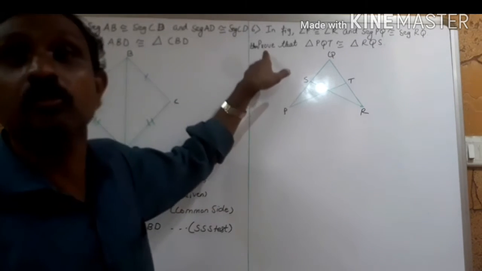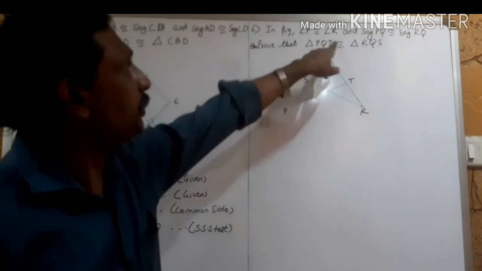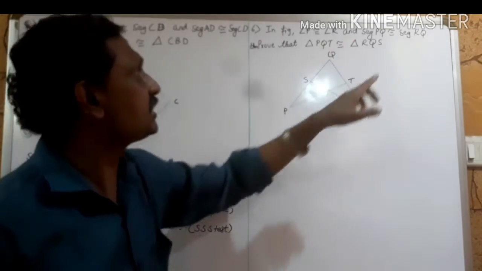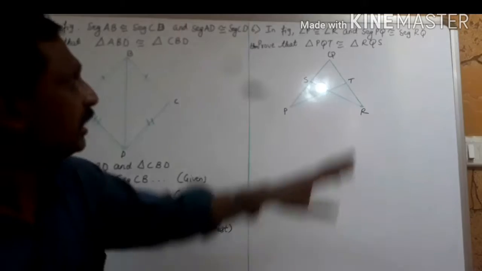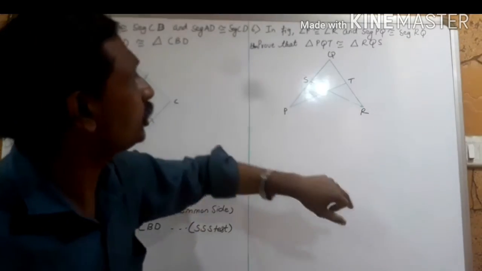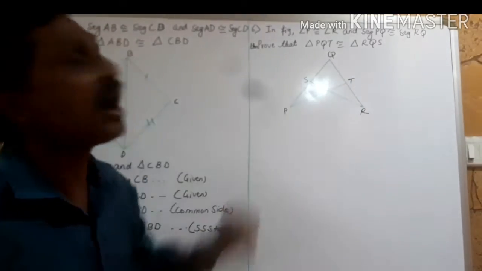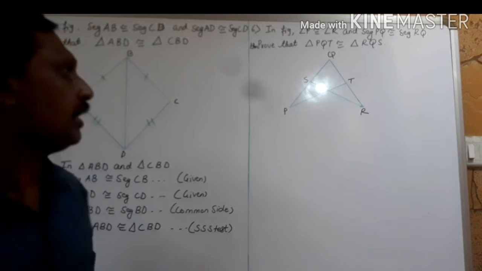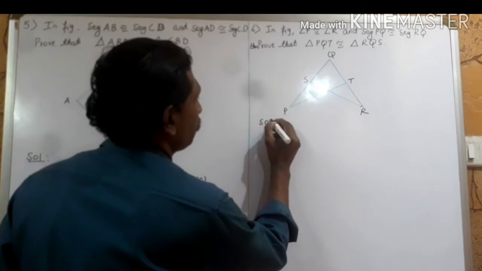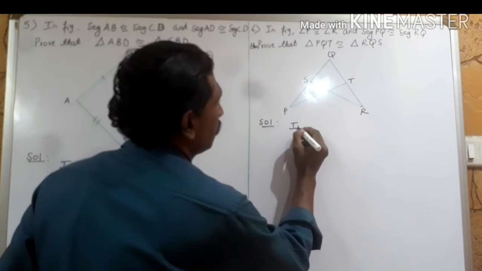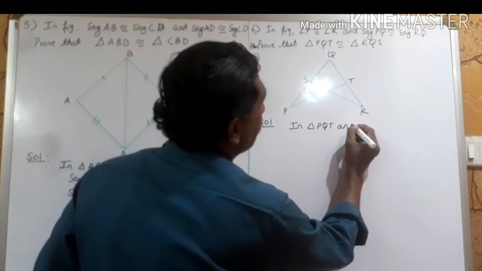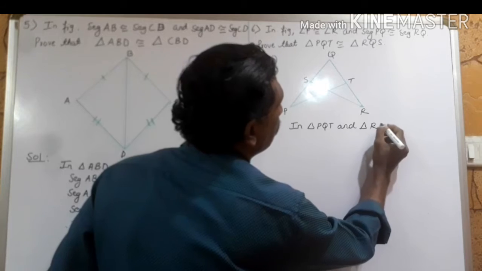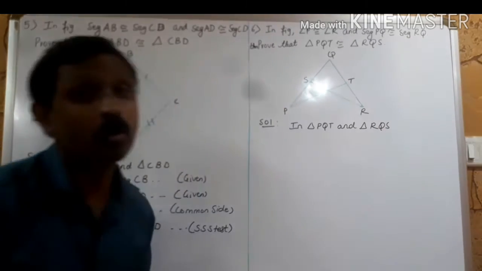Sixth one. In the figure, angle P congruent to angle R and segment PQ congruent to segment RQ. Then prove that triangle PQT congruent to triangle RQS. Okay, let's start with the solution. In triangle PQT and triangle RQS, what is given to us?